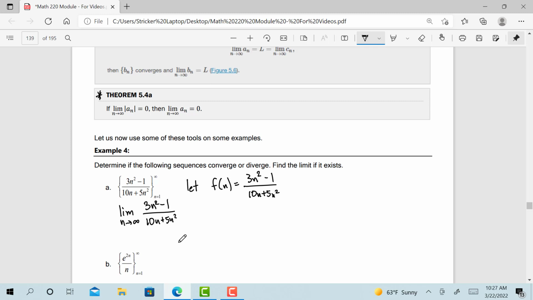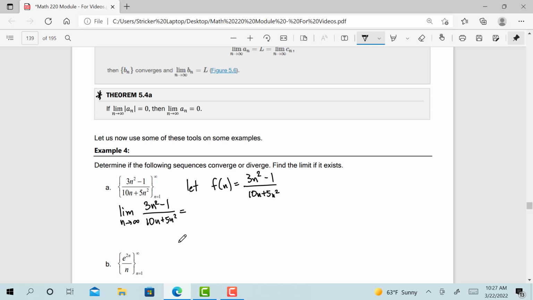It may have been a while since you've done limits. This is a Calc 1 thing, but one of the things we can see here is that as n approaches infinity, the numerator is going to go to infinity and the denominator is going to go to infinity. So what rule can we use when we have a limit that goes to infinity over infinity?